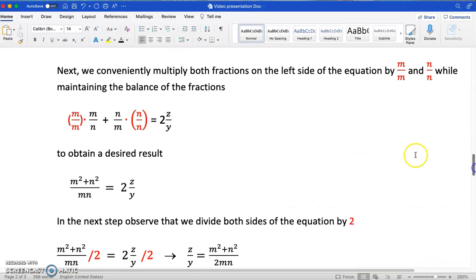In the next step, we are going to multiply these fractions on the left side. This left fraction, we're going to multiply by m over m, and this right fraction, we're going to multiply by n over n. And let's see what happens.